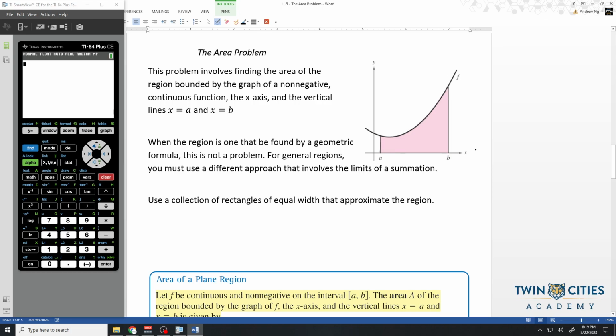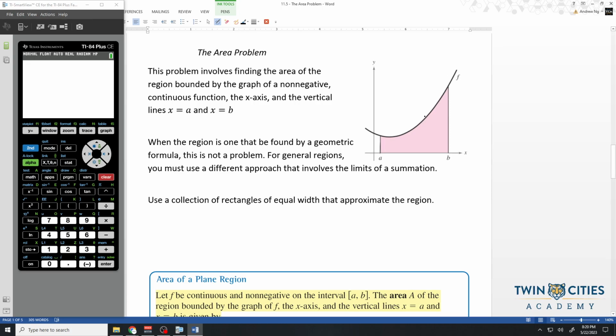If this were a nice geometric shape, say a rectangle, I could find that. Just do the length times the width, base times height, whatever you want to do. If it is a triangle, 1/2 base times height. If it was a circle, pi r squared. However, that's not the case here.